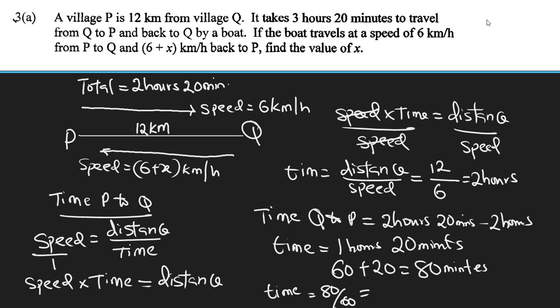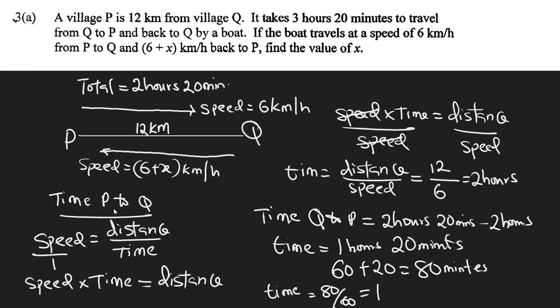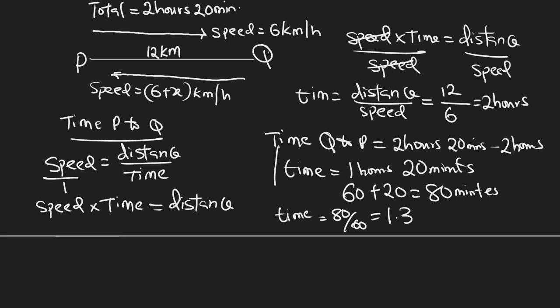Why we're doing this is to make sure we have a solid value, right? To avoid all those conversions. So 80 divided by 60 is equal to 1.3. So that's the time now. We have 1.3.